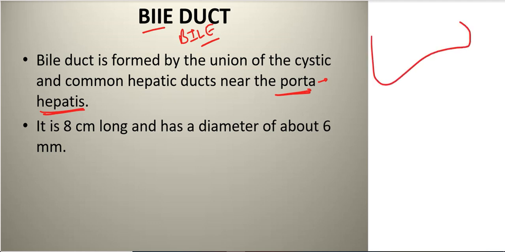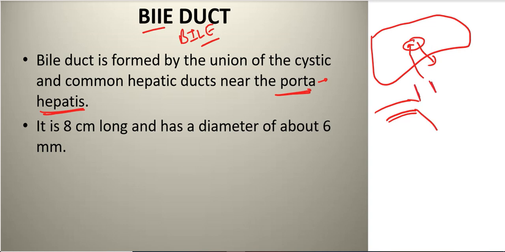So this is liver and this is porta hepatis. Some structures are passing inside and some are outside, just like hilum of lungs. So the cystic duct unites with the common hepatic duct.